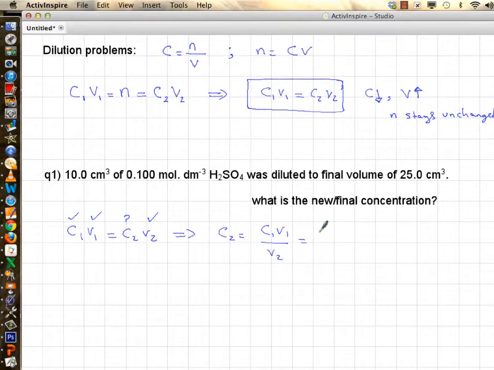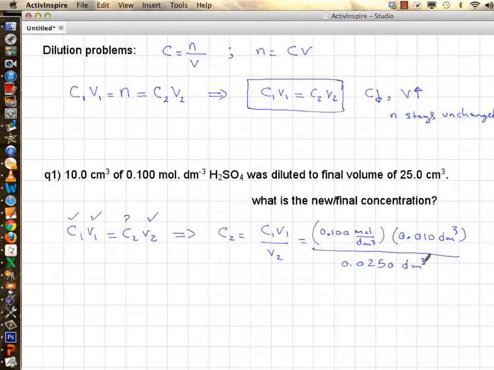Let's just plug it in. You have 0.100 mole per decimeter cube as your first concentration, times its volume, and I'm going to move 3 decimal places to the left, 0.010 decimeter cube, divided by your final volume, which is 0.025 decimeter cube.